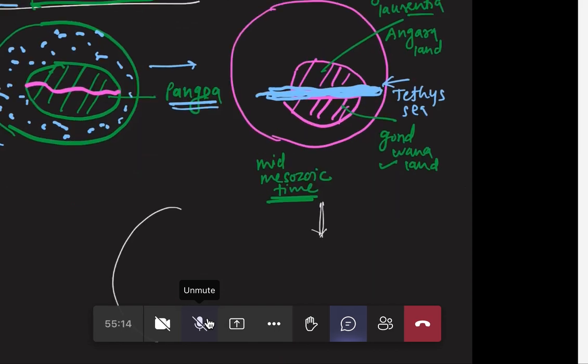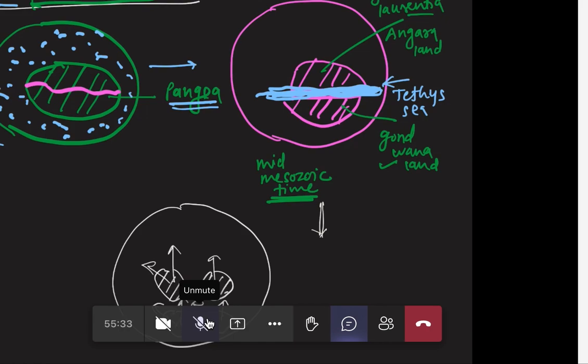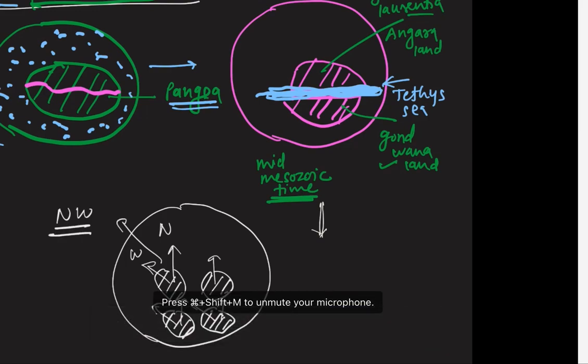The breaking continued, and we got different fragments. And these parts started moving towards the northwest direction. That means both Laurentia and Gondwana land again broke up into pieces, and they started moving towards the northwest direction.